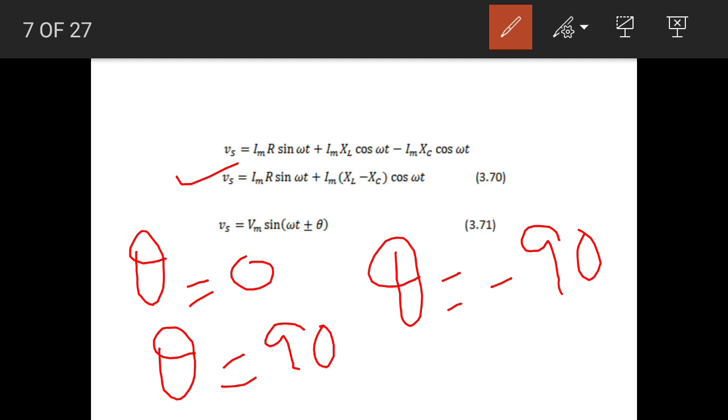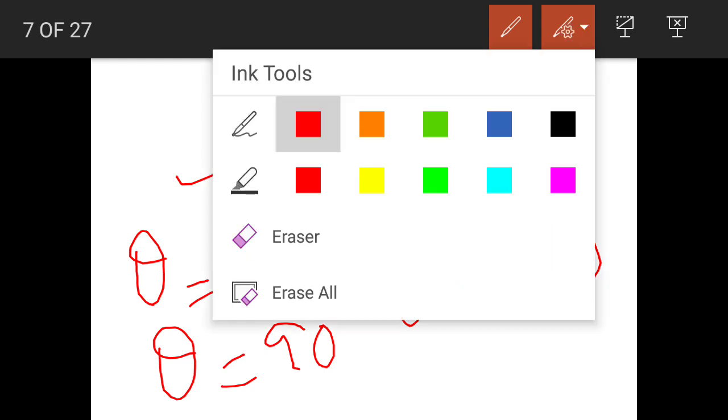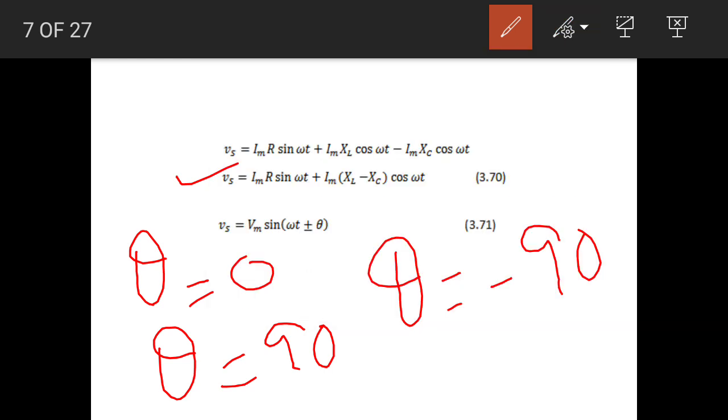This phase angle might be 0, it might be 90 degree, or it might be less than 90 degree and greater than 0. So we can find out the voltage across the source with the help of this particular equation at any point of time, but this equation does not give you the maximum value of this AC voltage and the phase angle of this AC voltage. So this is the only problem at the moment with this particular equation.